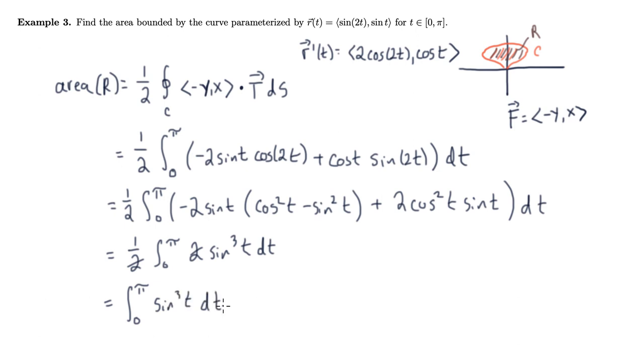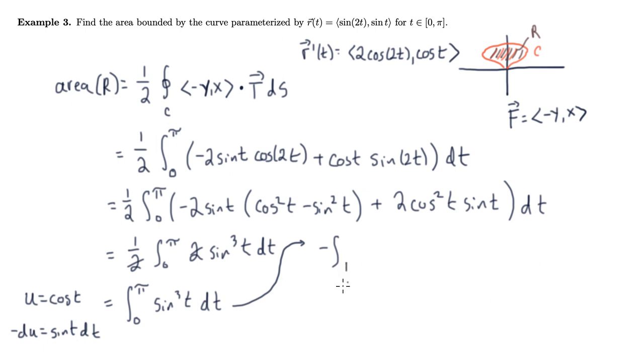This is one of our classic u substitutions. We want to let u be cosine t, so that minus du will be sine t dt. One of the sine t's gets absorbed with the dt, and we get a minus du.